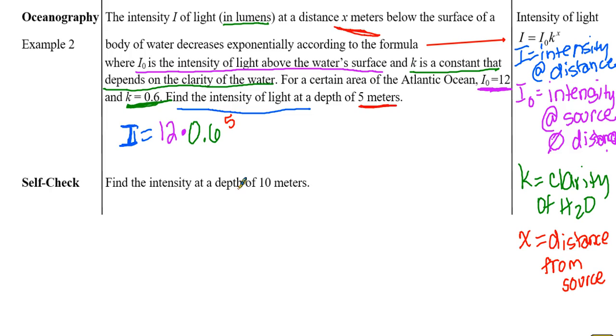And you can see here that it's exponential decay. Why is it exponential decay? Look at your base. Is your base greater than 1 or less than 1? It's less than 1. So when your base is less than 1 and you're raising it to a positive power, it's decay. So plug that into your calculator.